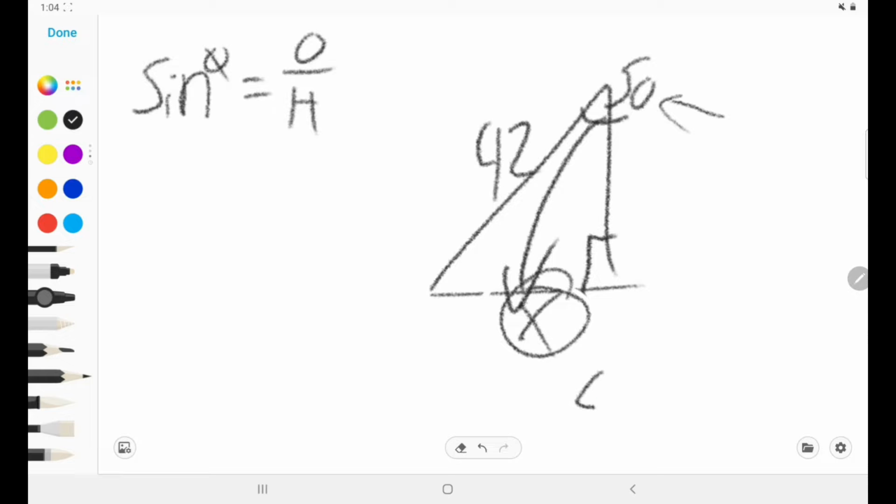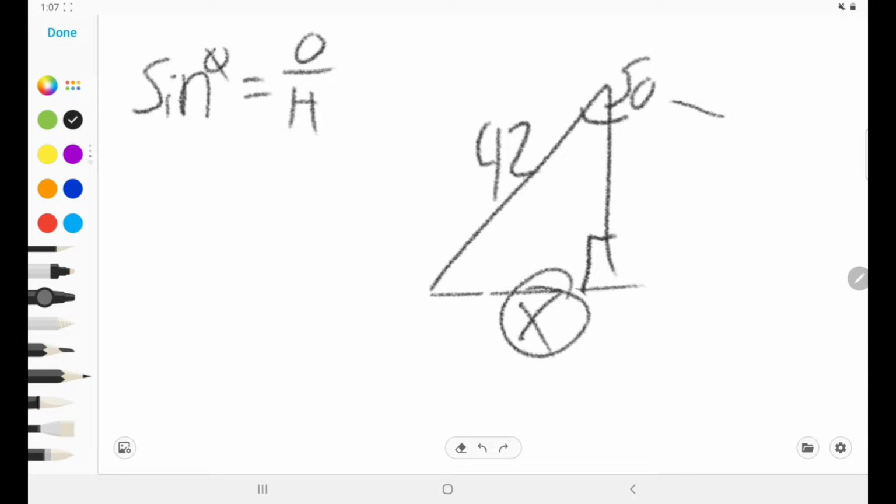So this x will be our O. The H stands for hypotenuse, which will be the little slanted line right here. And there's one other that we won't be using today, but we use it for cos and for tan, which is adjacent, which is just the third one, just right here. But like I said, we won't be using adjacent in this video.